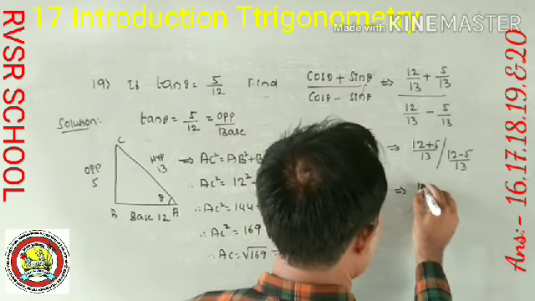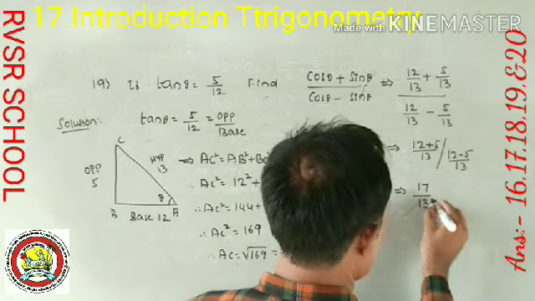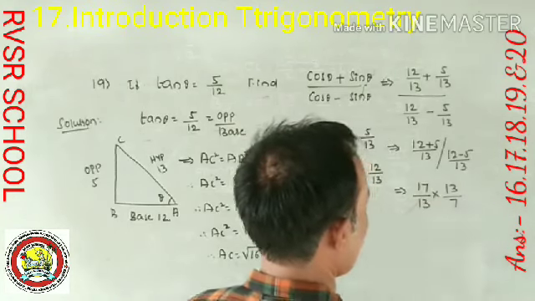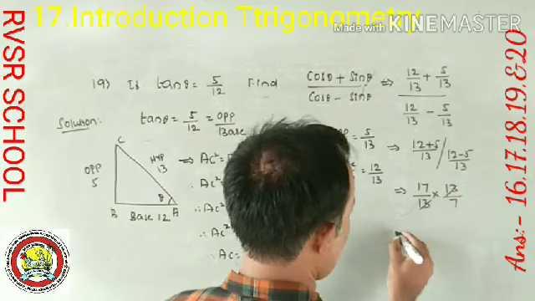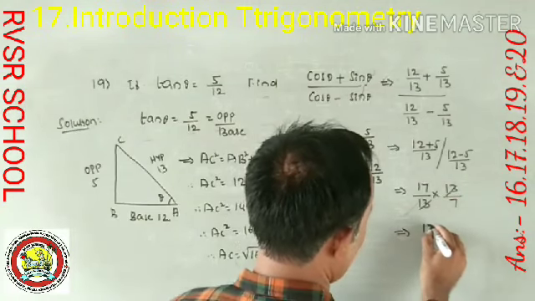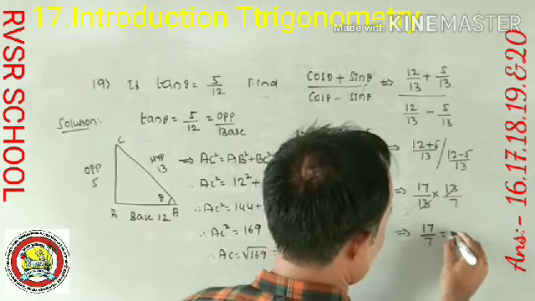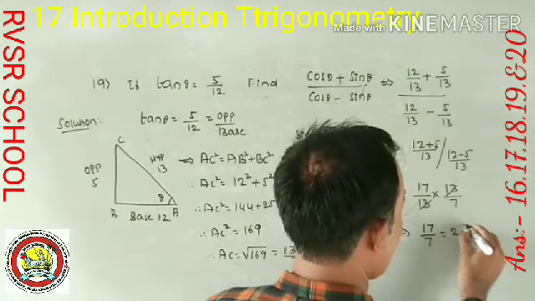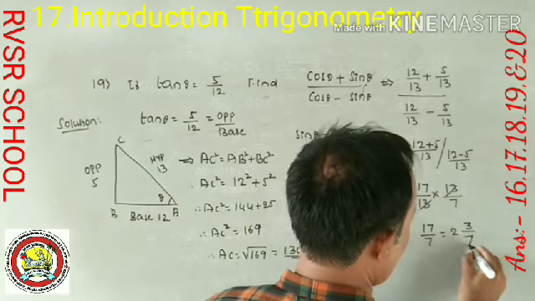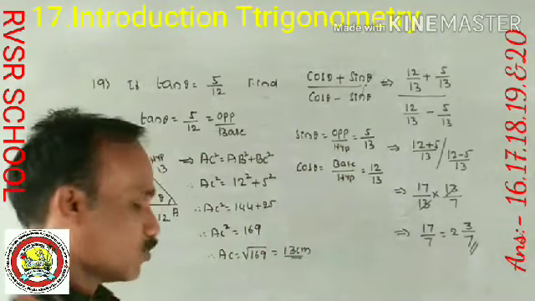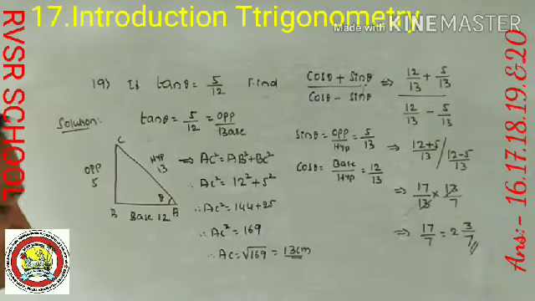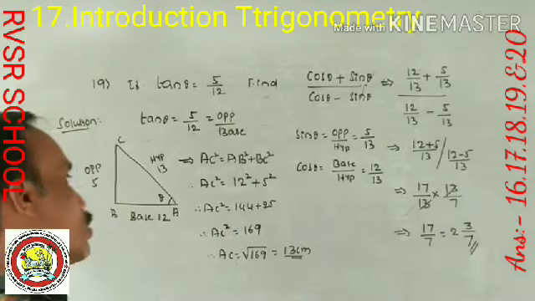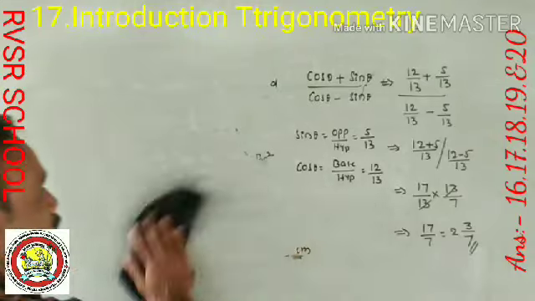So 12 plus 5 is 17 by 13, into 13 divided by 7. So 13 gets cancelled, which implies 17 by 7. 7 twos are 14, 3 remaining. So the final answer is 2 whole 3 by 7.